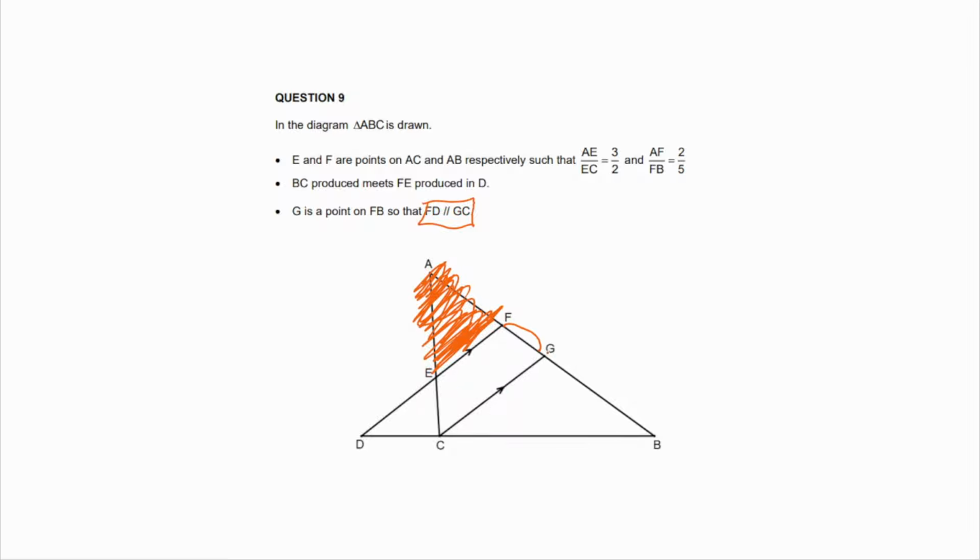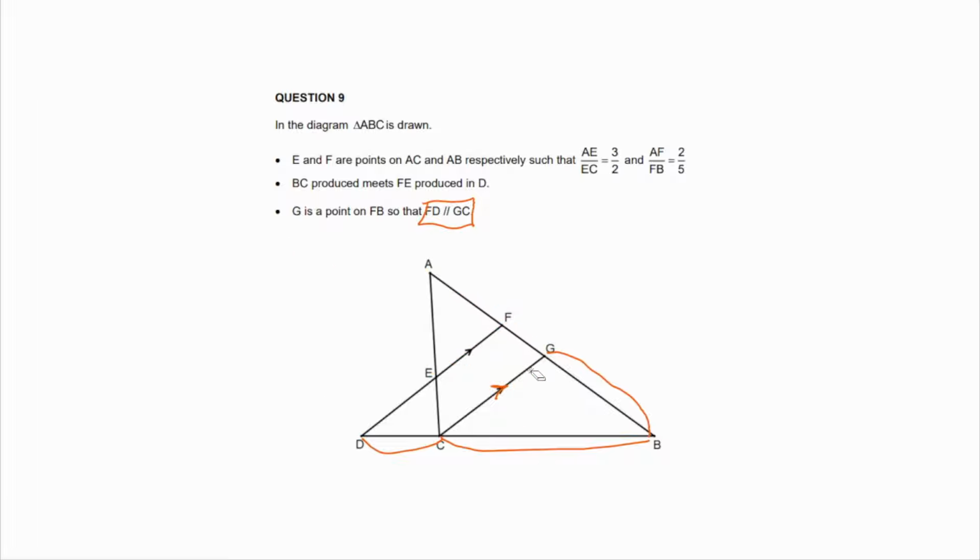Can you see this proportion over here? So FG over GB is going to be equal to DC over CB, because you see how this is parallel to this. These lines are parallel, so we have this proportion aspect over there. Can you see that?